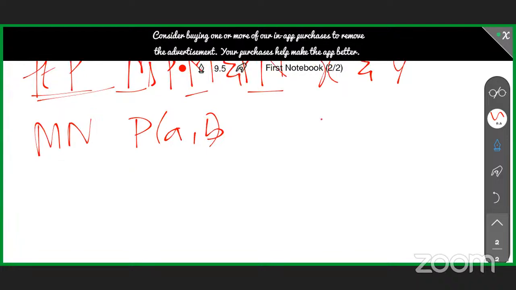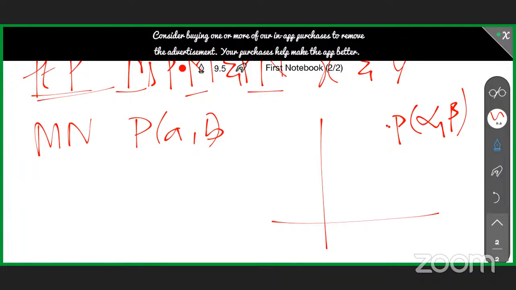So I'll draw the diagram by the given information. There is a point P. I shall take that as some alpha comma beta, because there is one more point A comma B. So from this point we are drawing perpendiculars to x-axis and y-axis.